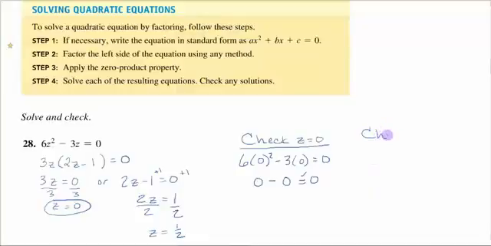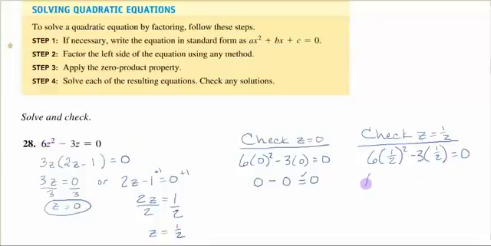And I'll check over here my z equals 1/2. So if we try that, we have 6 times 1/2 squared minus 3 times 1/2 equals 0. Remember, we're putting it into the very original problem.